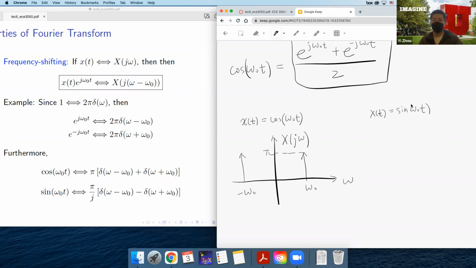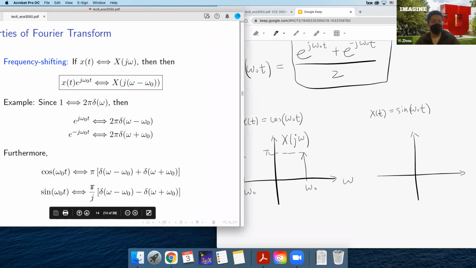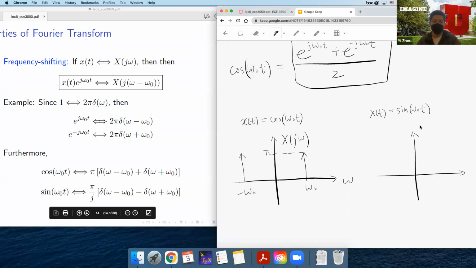And for sine, the spectrum is a little bit different. We can see that now the spectrum is complex because we have pi over j, this complex unit. So let's look at the amplitude of the spectrum only.